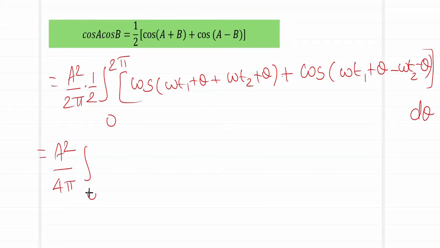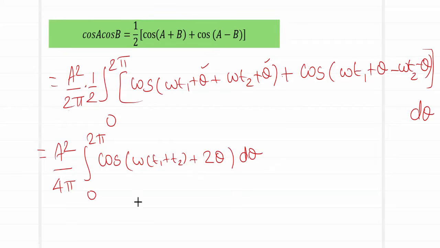Let me split it into two integrals so that it will be easy for me to evaluate. Cos of omega times (t1 plus t2) plus, what we have over here is theta and theta, so that makes it 2 theta, d theta. This is my first term, plus the second term: A square divided by 4 pi, integral from 0 to 2 pi of cos, and what happens over here?